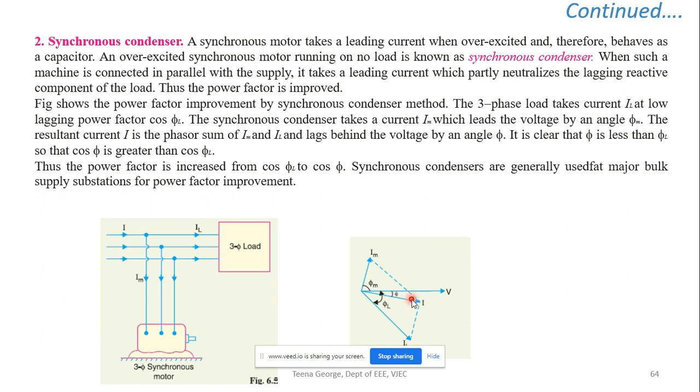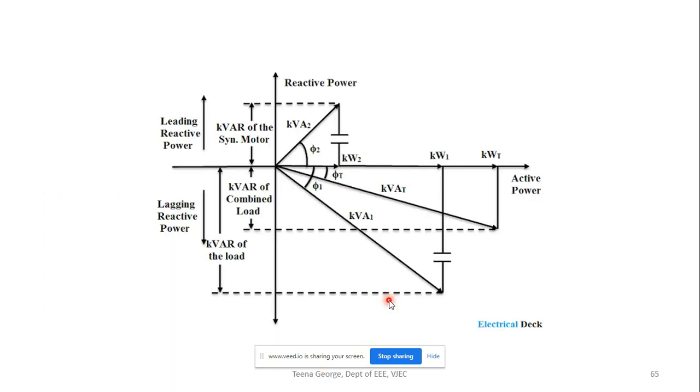The current drawn by the synchronous motor is Im, which has a small active component also, both reactive and active components. The resultant current is I, the vector sum of I and Im. So the power factor is improved from cos phi L to cos phi.